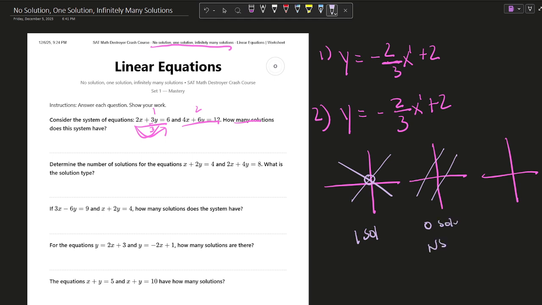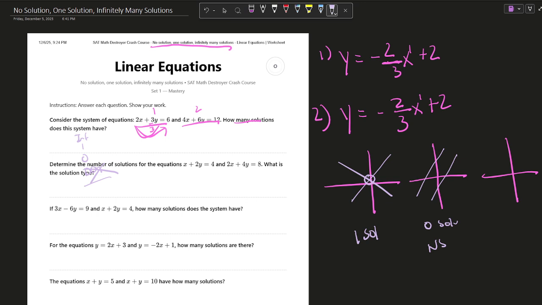And then what do you think the third case is? The third case is infinitely many solutions. So this is going to be an answer choice. It's going to be infinite, 1, 0, or the last one's usually like don't know. It's not going to be don't know. You can tell.